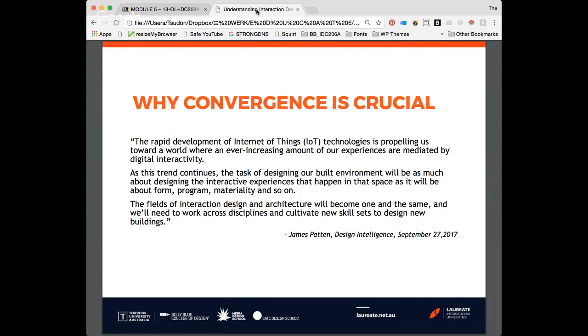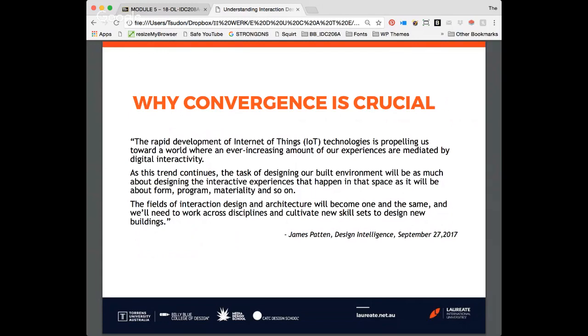So it's a really interesting resource, so be sure you check out all those resources to give you a really nice holistic understanding of how that intersection of interaction and built environment is moving the development of spaces into the future.